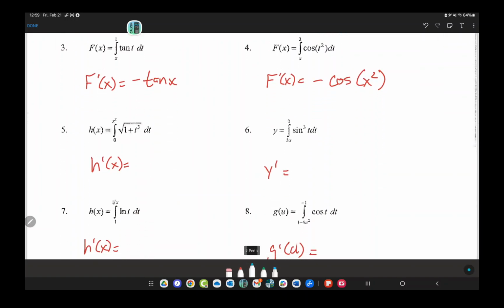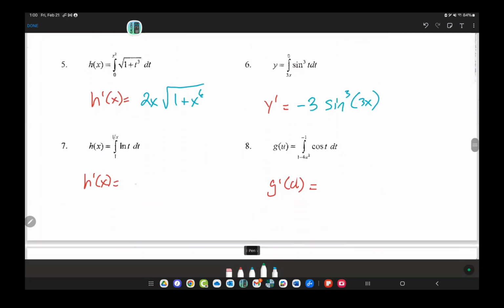Now, for the rest of these, we have some version of chain rule. So here we're going to have 2x times 1 plus x squared cubed, so x to the 6th. All right, and this one's going to be negative 3 sine of 3x. And then here we have the derivative of 1 over x.